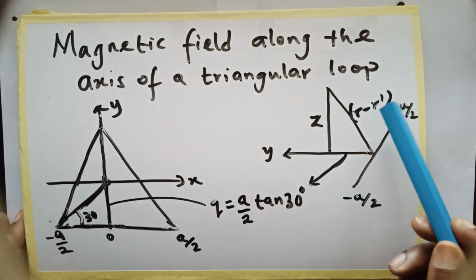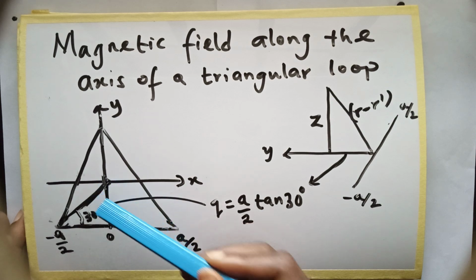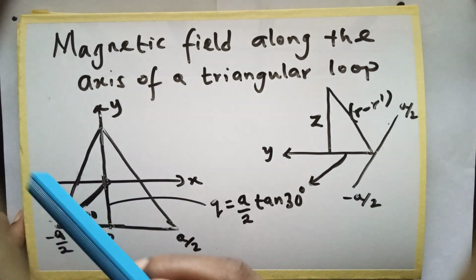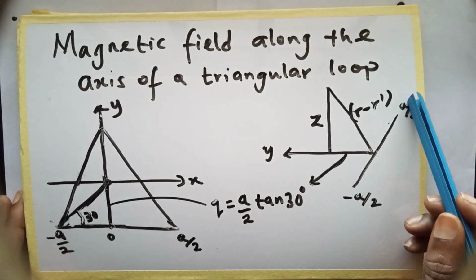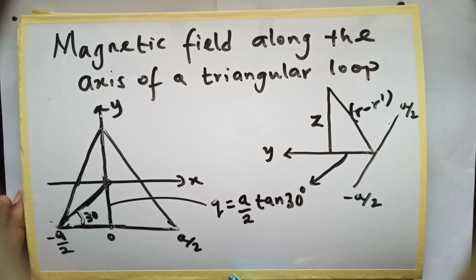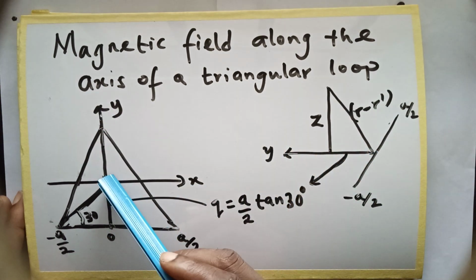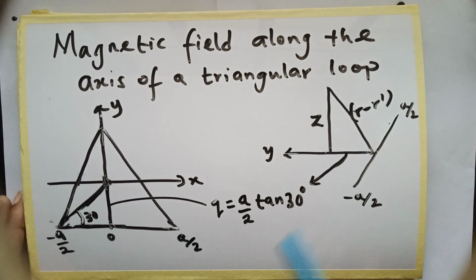So from this diagram, you notice that this side is just this side, while this side to this side is from this side upward to meet the z-axis. You can see from here to here is a over 2 minus a over 2. Now this side is my y-axis and this side is my y-axis. Then the line pointing outward is my z-axis.